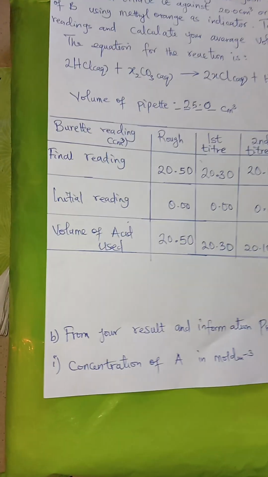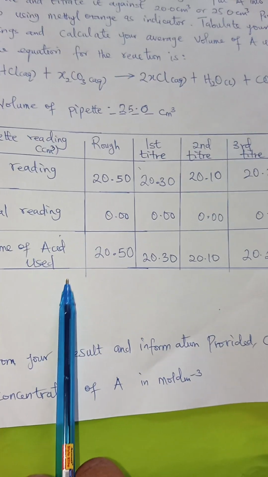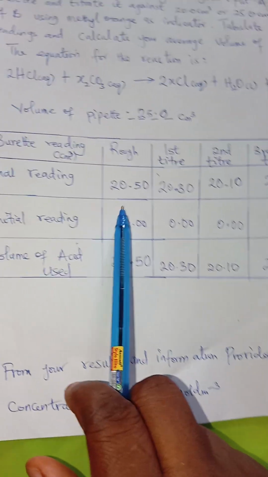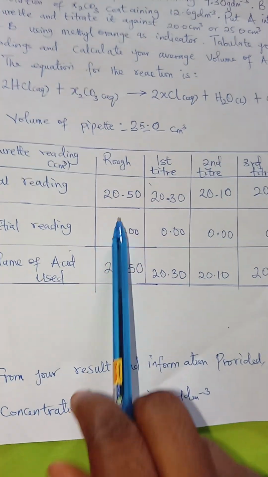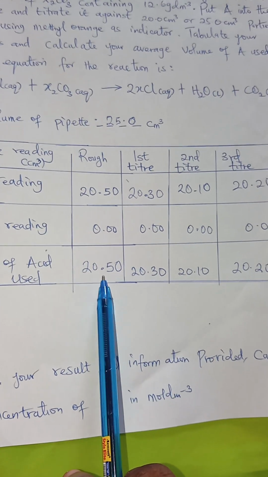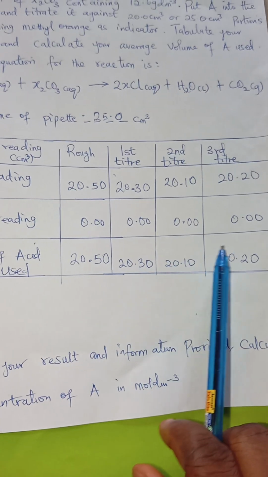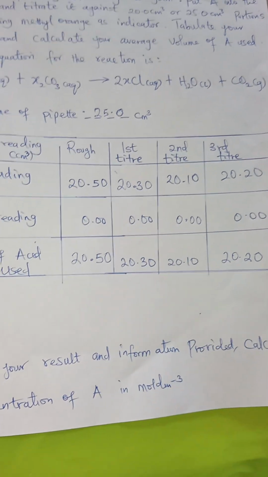Now let's quickly go over checking if these values are concordant. Mind you, students, when calculating your average volume of acid used, please do not include the rough. Do not include the value for the rough, because this rough will only guide you on the range of values you should get during your titration.